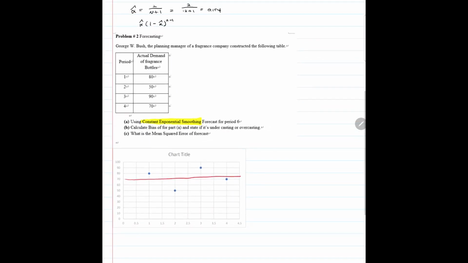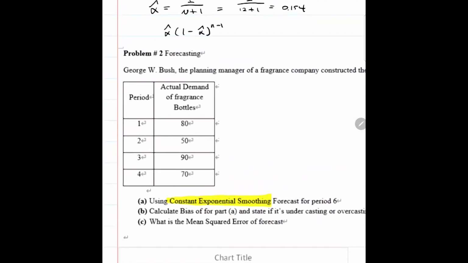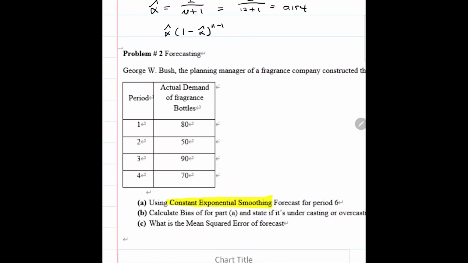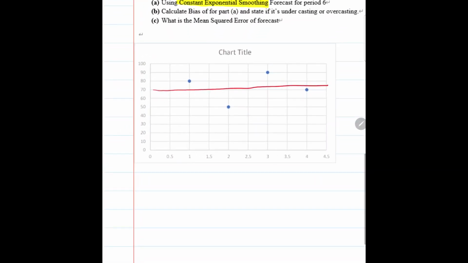Here's your actual data. We're gonna use the same thing but a little differently. Let me give you the formula first. The formula that we're gonna use is this one.